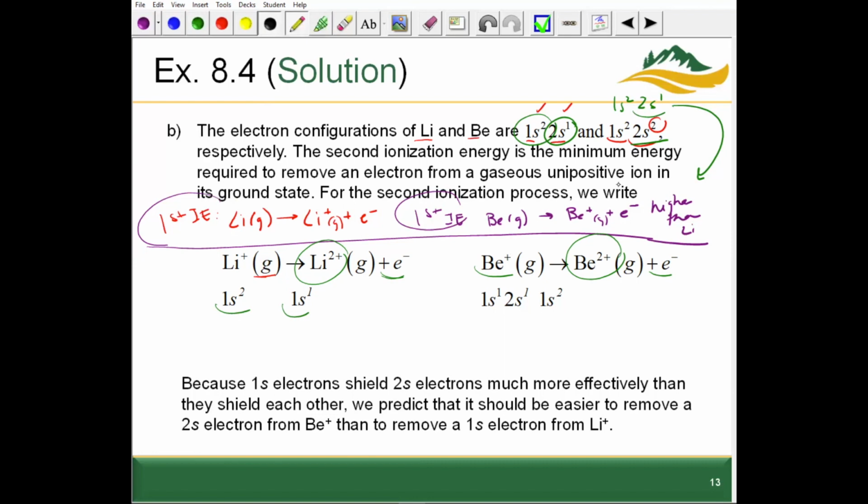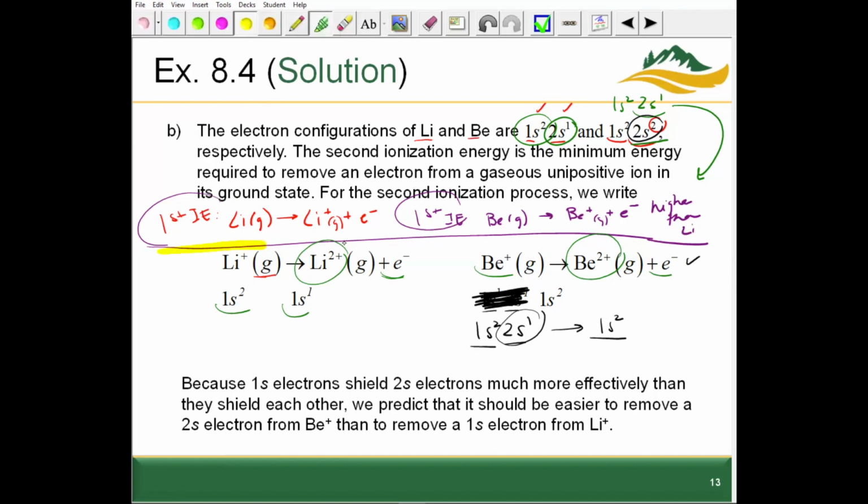So beryllium plus 1 is 1s2, 2s1, since it lost an electron from 2s2. When this loses yet another electron, it has to be removed from the 2s subshell, leaving just 1s2 after beryllium has lost 2 electrons for its second ionization energy.